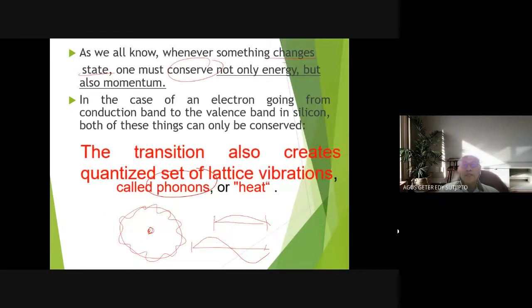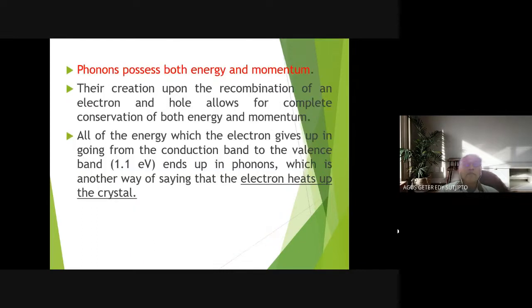So the transition also creates a quantized set of lattice vibration called a phonon, or heat. Actually this is plus, not or, but plus photon. Phonon possesses both energy and momentum. Actually, momentum is also energy for phonon.